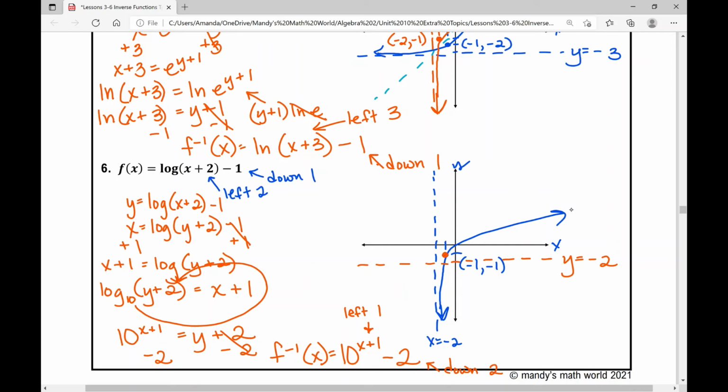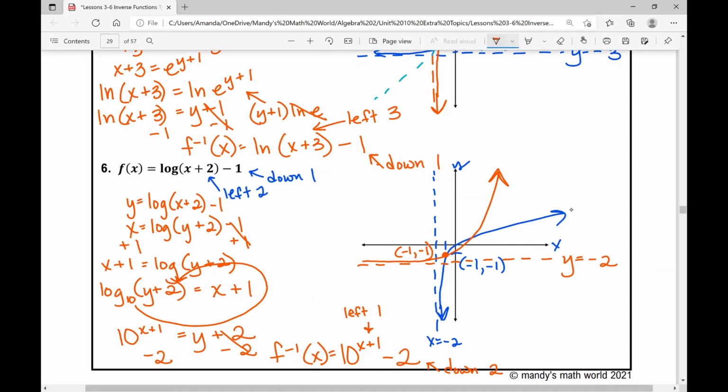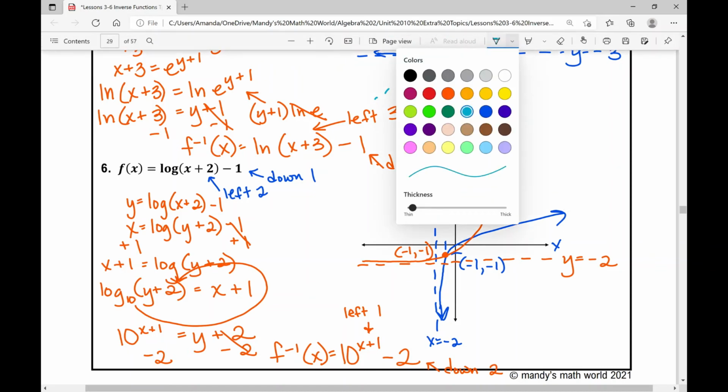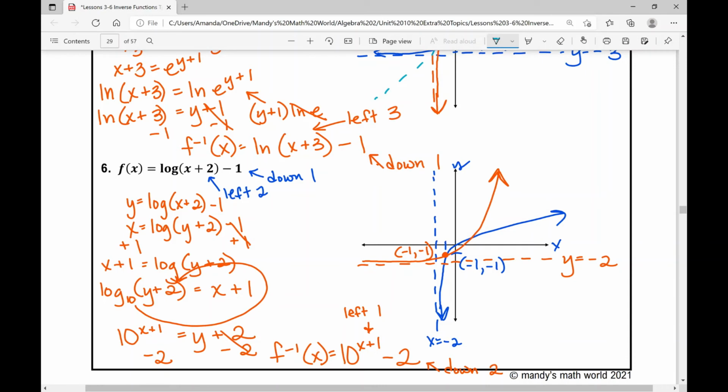So it's going to be right there, which is (-1, -1), and it's going to take this general shape. And as you can see, these two functions share that point, because if I switch the x and y, if they're the same, they're going to share that point. These are reflections across the line y equals x.